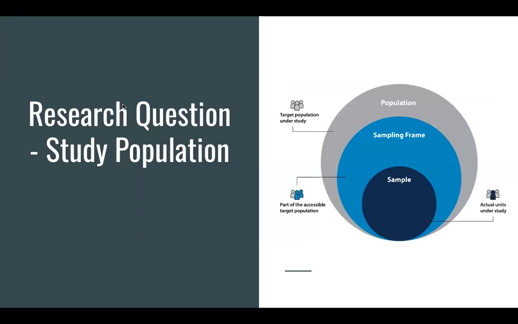And it depends on if you're doing the question on a population, but defining the study population is really crucial for focused research questions. This diagram here shows how your research narrows from a broad population to the actual units under study. You start with a broad target population, then identify what population you can actually access, and then you define the sample.